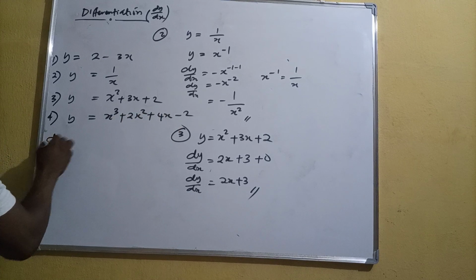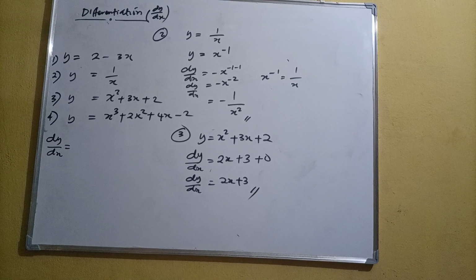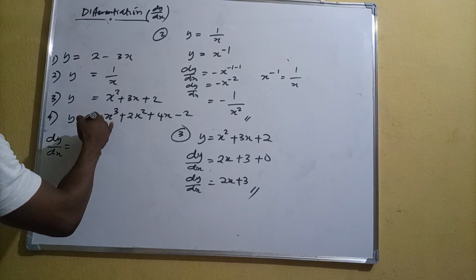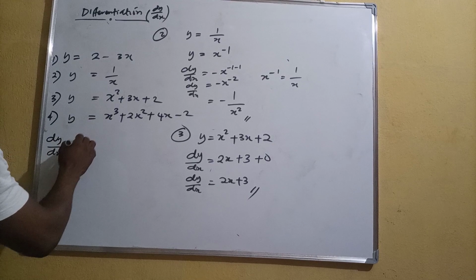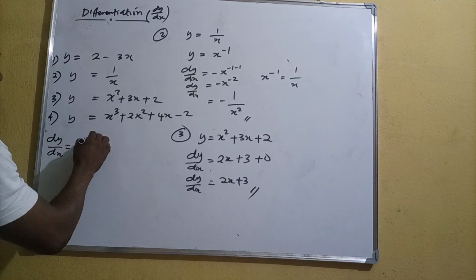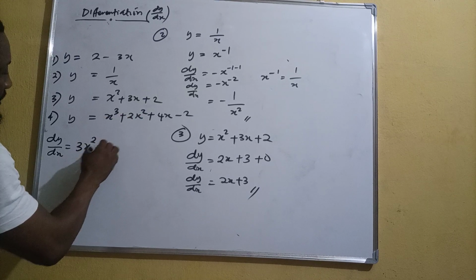So we're going to have dy/dx of this. This is 3x raised to power 3. So you're going to multiply the coefficient of x. The coefficient here is 1. So you're going to multiply 3 times 1. So 3 times 1 will give us 3. x, we subtract 1 from the power. That will give us 2. This is going to be 2 times 2, 4.